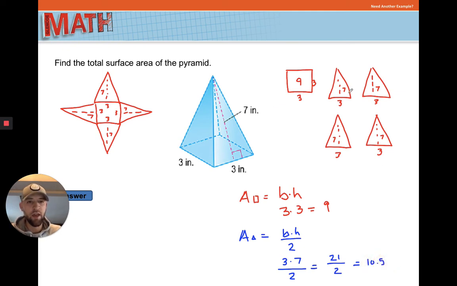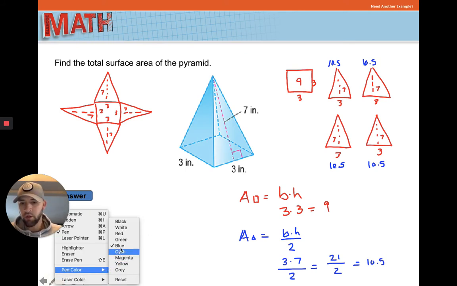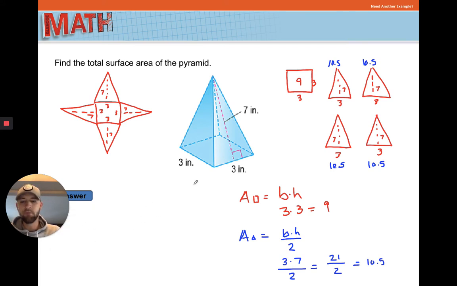So we know that this is 10.5, this is 10.5, this is 10.5, and this is 10.5. All of my areas are the exact same for my triangles, because they're the same shape. Now, to figure out your answer, I'll pull out a different color. We'll go with black. And just add up all of your areas. I have to add up the 9, the 10.5, 10.5, 10.5, 10.5.